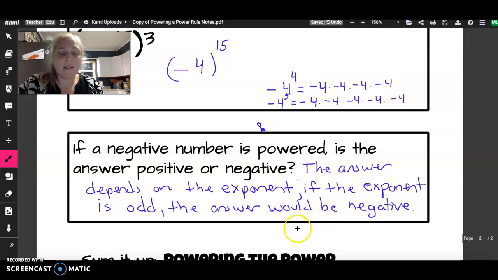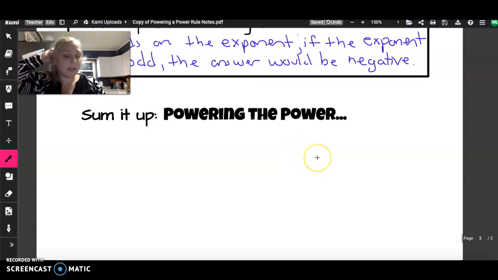Okay, so this is it. This is the end of our lesson here, and we're going to sum up what is the power rule. What do we do when we're powering the power?